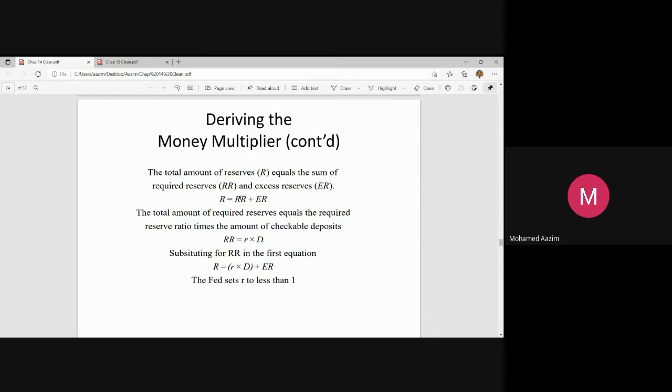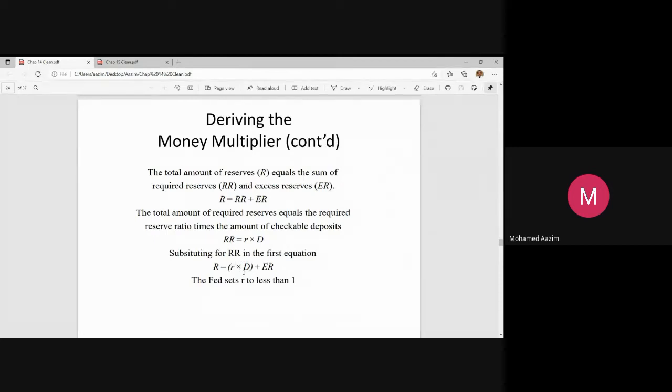So you know in the first equation, we have defined reserves as required reserves plus excess reserves. Now you know required reserves as small r times D. So now for required reserve, we will replace in the total reserve equation this component, small r times deposits.